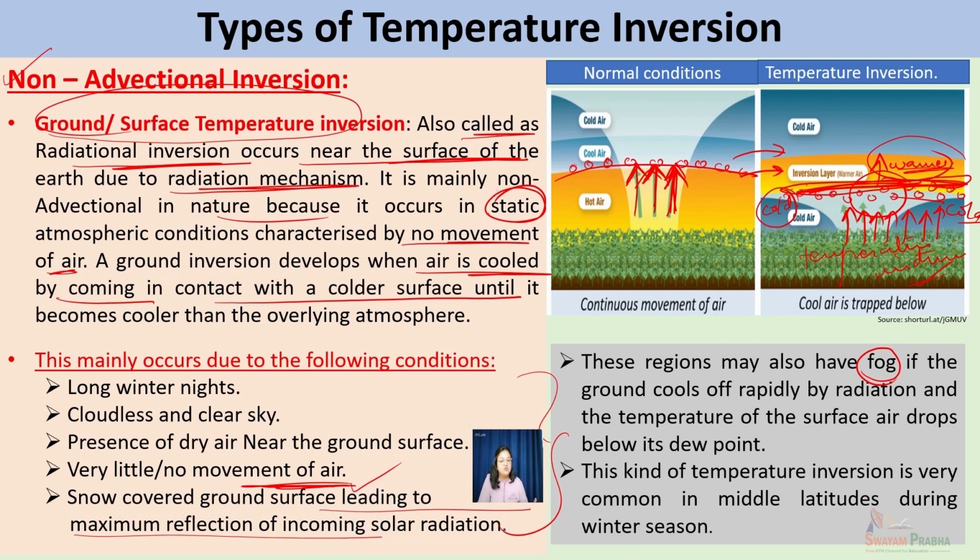This type of temperature inversion is commonly seen in the middle latitudes, specifically in the winter season, where you have very stable air, anticyclonic conditions, and the ground is able to rapidly cool off and the air is able to absorb the properties of the ground, with long winter nights. So ground surface temperature inversion takes place in these conditions.